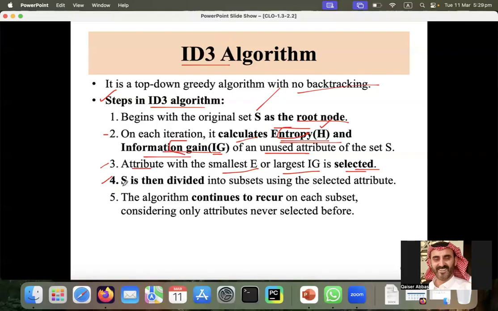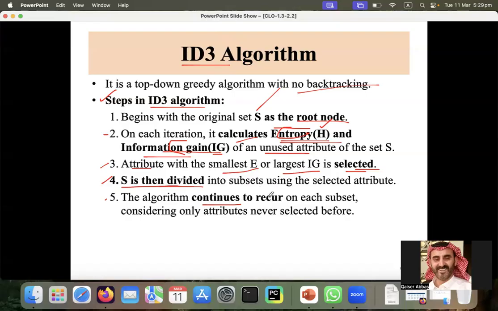You split S into divisions, whatever the divisions are. Then in step 5, you will continue to recur. This algorithm will continue to recur.